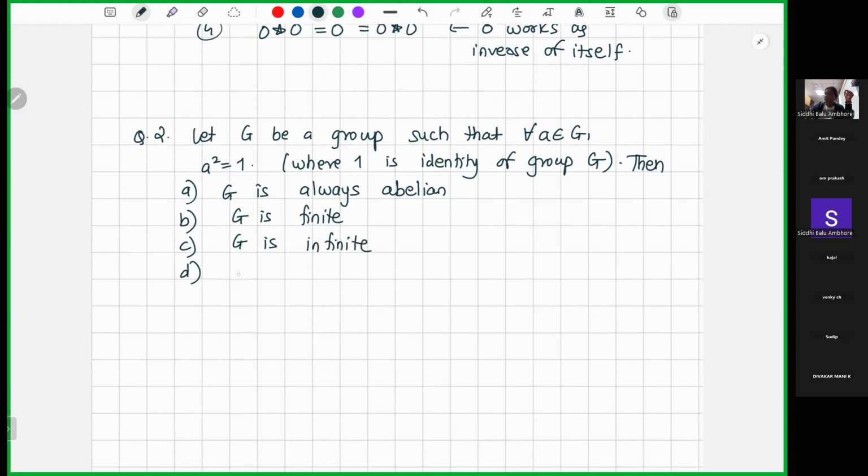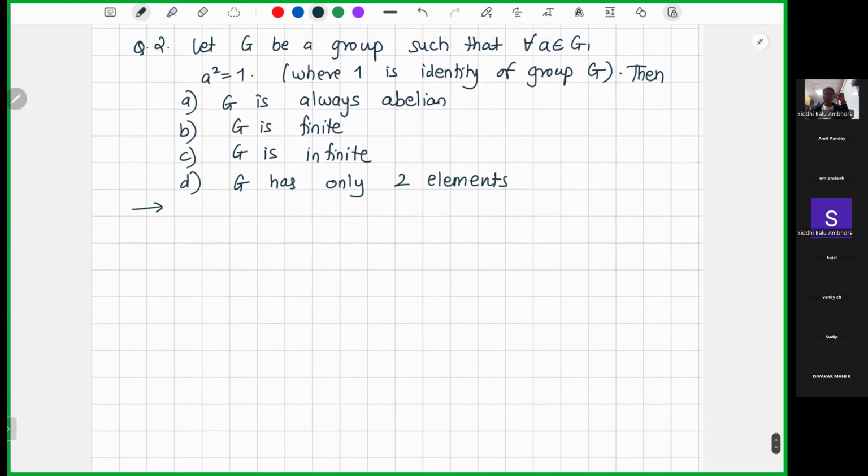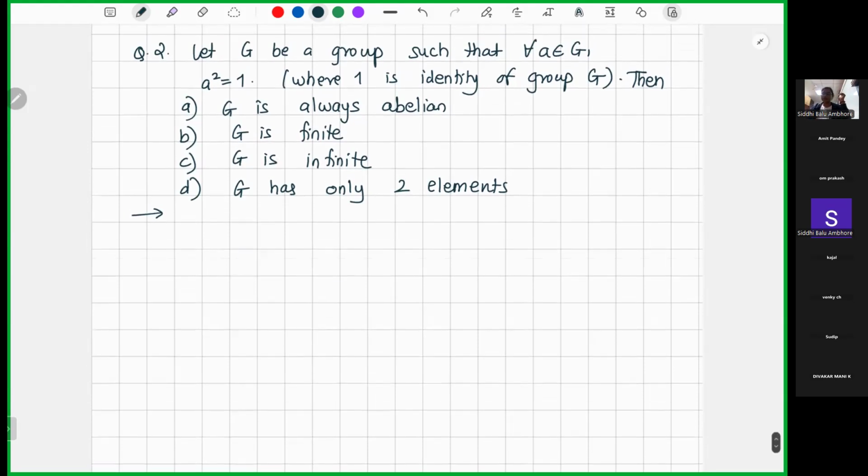And D, that G has only two elements. So we have to check which of these holds for this question.